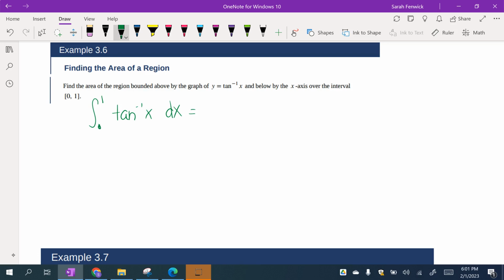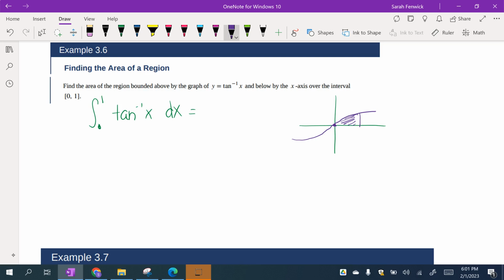Sorry, I'm trying to get my notebook turned. If we were to look at this, the graph comes across like this, and we're looking from here to here, and we want the area.